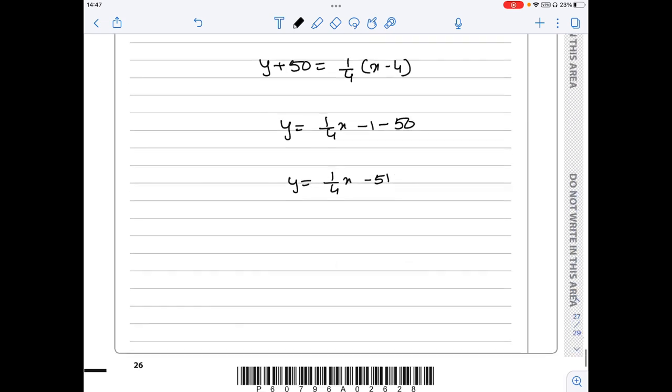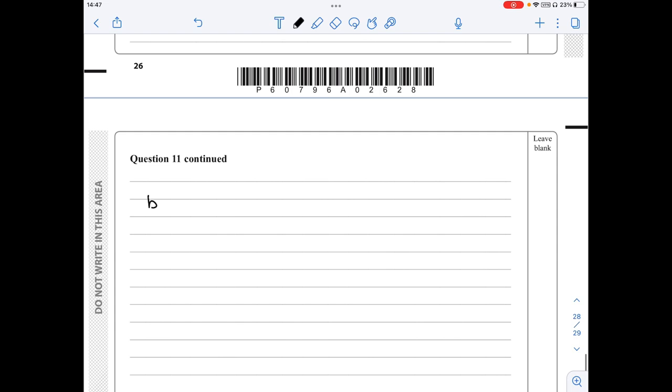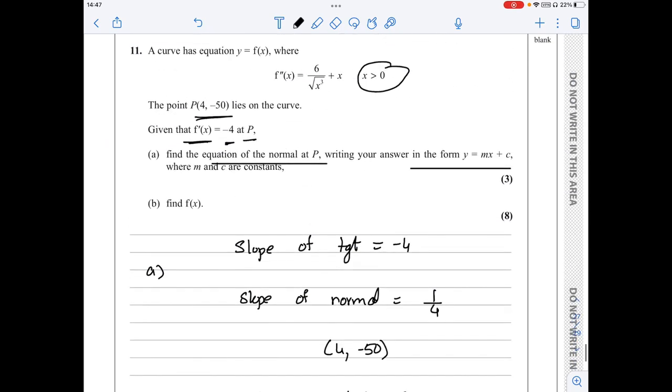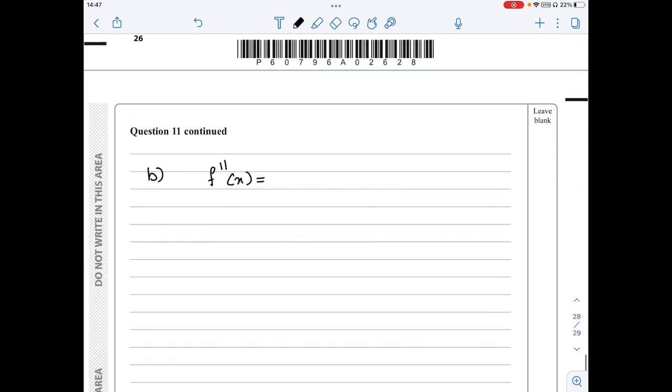Part B, find f of x. So f double prime x has been given as 6 upon root x cube plus x. So 6 x power minus 3 upon 2 plus x. So integrate it out, f prime x equals 6 x power negative 1 upon 2 upon negative 1 upon 2 plus x square upon 2 plus some constant k.